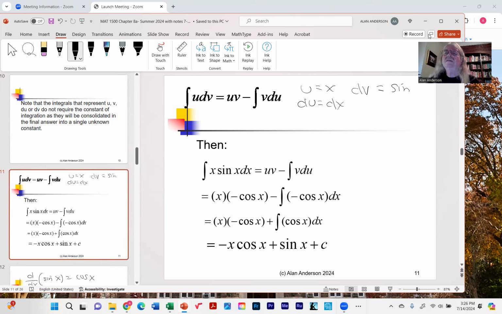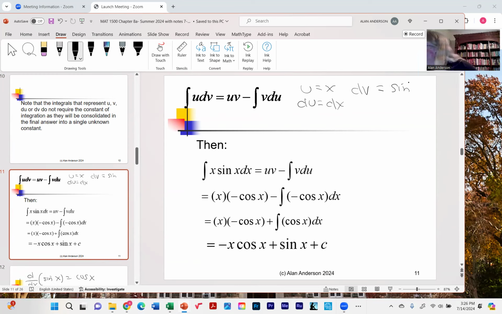All right, let me get this out of the way. That implies that v is negative cosine x. Okay, so then now it's just substitution, right? And again, you'll see that if it appears that we're simplifying it, that means we must be doing it correctly. So u is here. There's v.